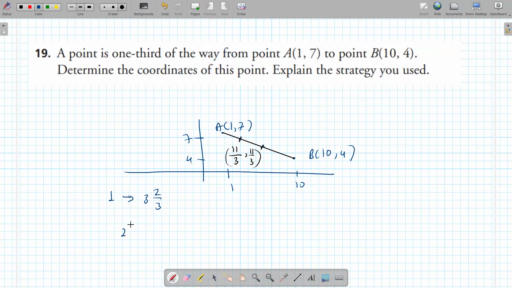We went 2 and 2/3 units across. From 7 to this, how many units down did we go? You're going to subtract 4 and 2/3. So it's 21 minus 11 over 3, so that's 10 over 3. So we went this unit down and this unit across, right?